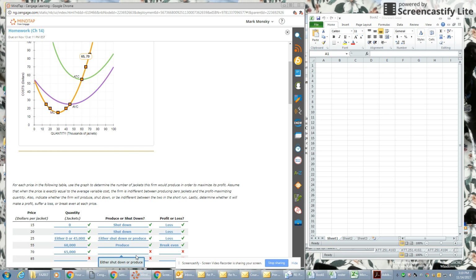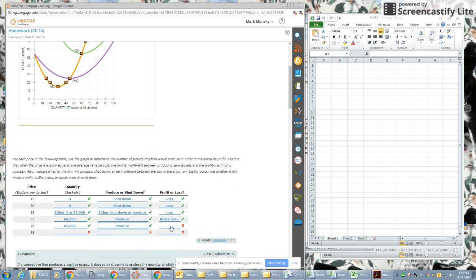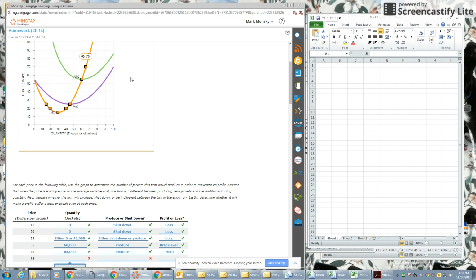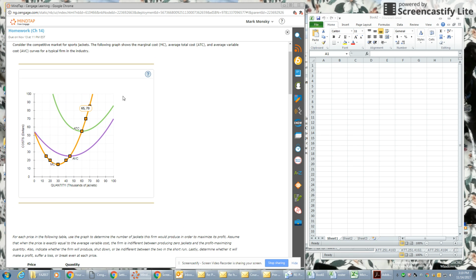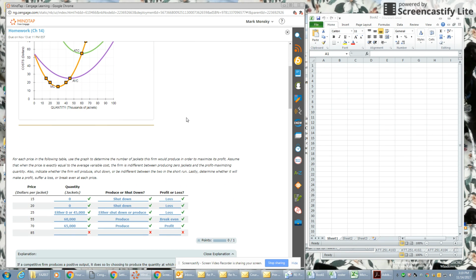They're definitely going to want to produce goods, and they are making a profit. And the price goes up even higher to 85. We're going to have yet another higher production level, 70,000 jackets. They're definitely going to want to produce, and they're still making a profit.